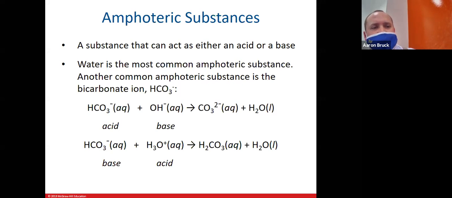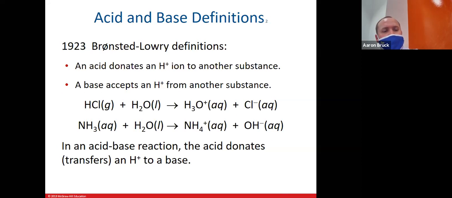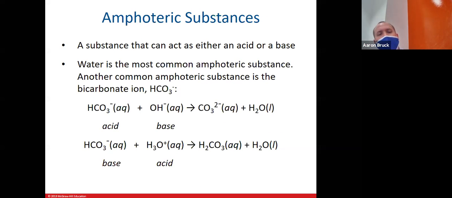Amphoteric substances are substances that can act as acids or as bases depending upon their circumstances. As we showed in this slide, water is probably the most common amphoteric substance that there is. But other kinds of amphoteric substances exist.